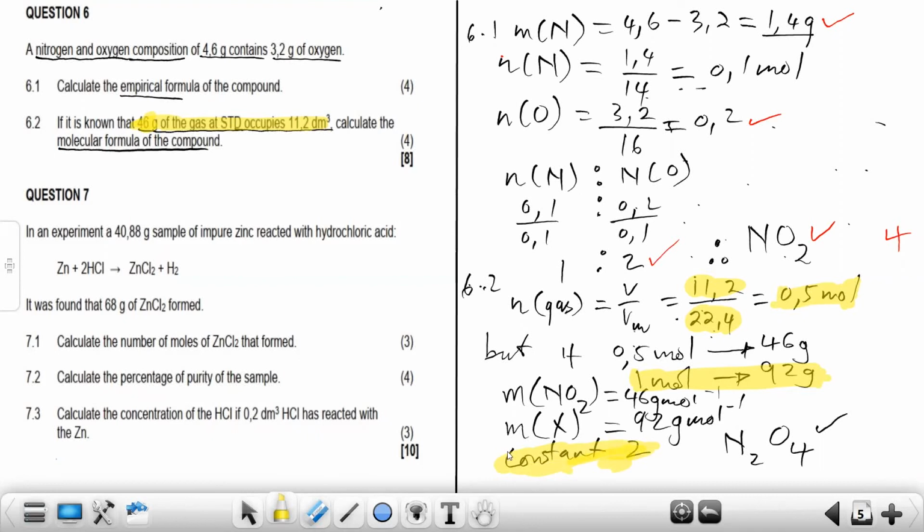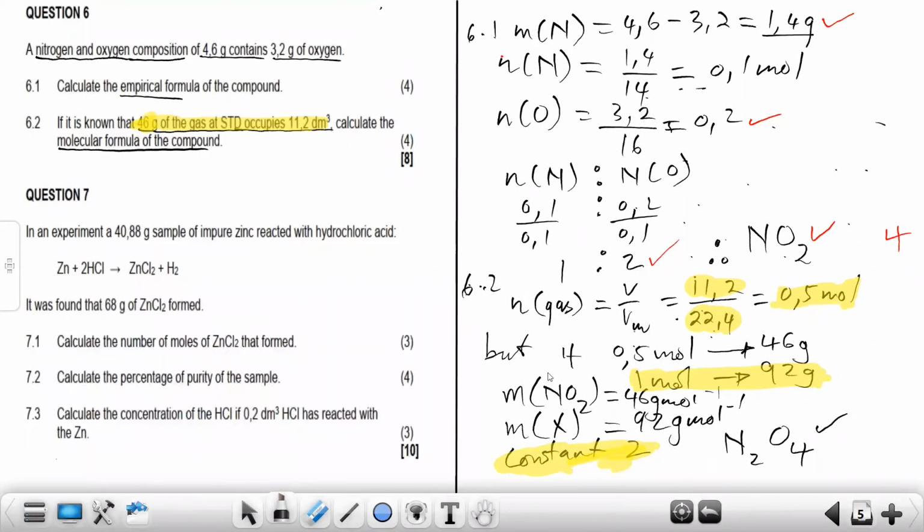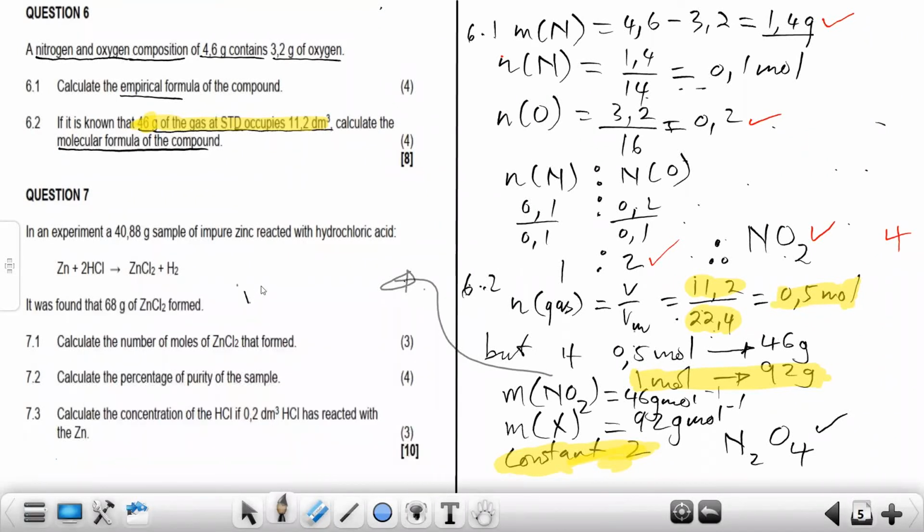What is the molar mass of nitrogen dioxide? Let's see if we get that answer. We say it's going to be the molar mass of nitrogen dioxide. What is it going to be?